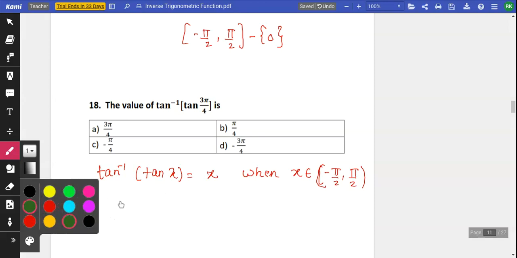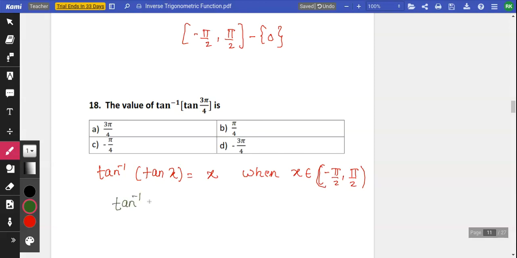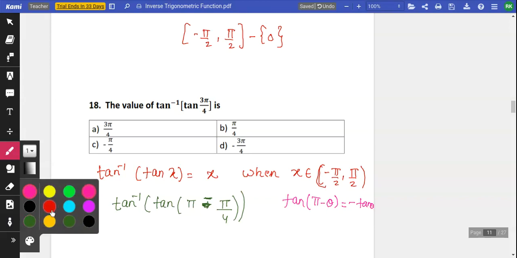Now try to convert it in the range of minus pi by 2 to plus pi by 2. Tan inverse tan 3 pi by 4 can be written as pi minus pi by 4, and tan of pi minus theta is equal to minus tan theta.